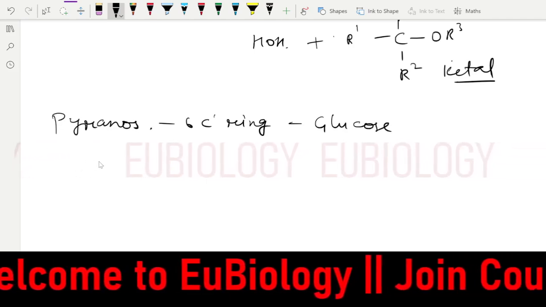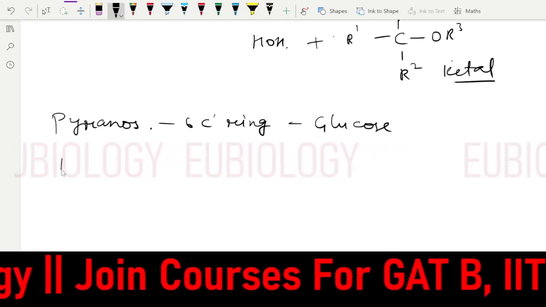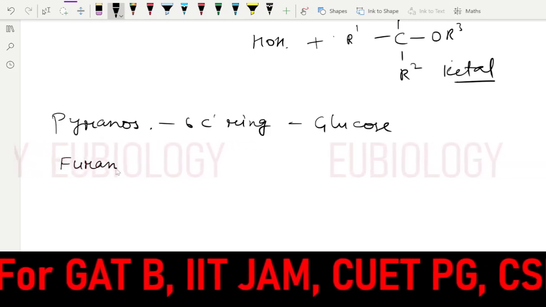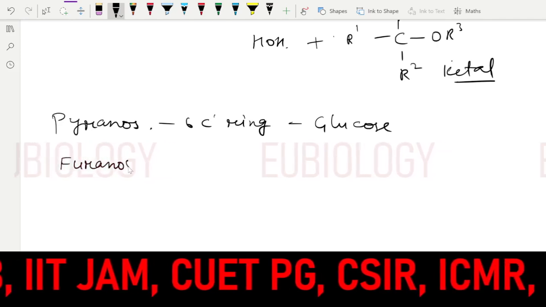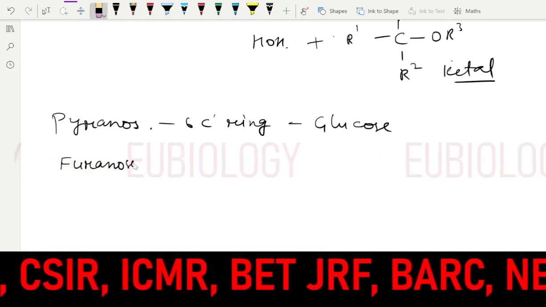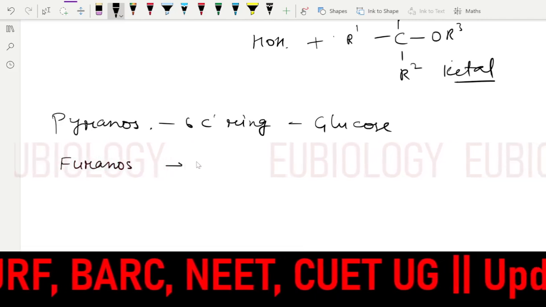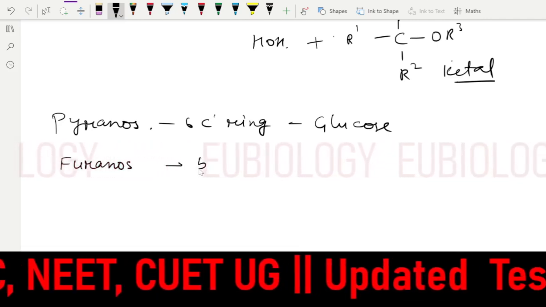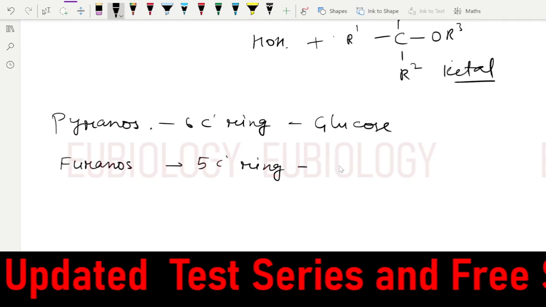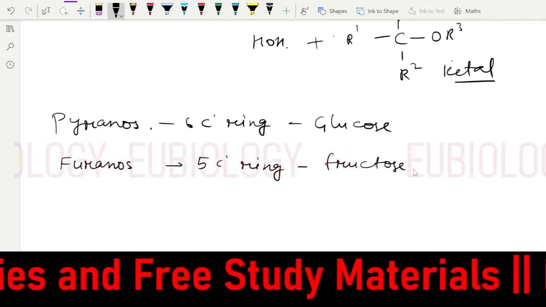But if we see the same six carbon compound forming a five-membered ring, that is furanose. Furan or furanose you can say. Again, it is forming a five-member ring instead of six. What is the example? Fructose.